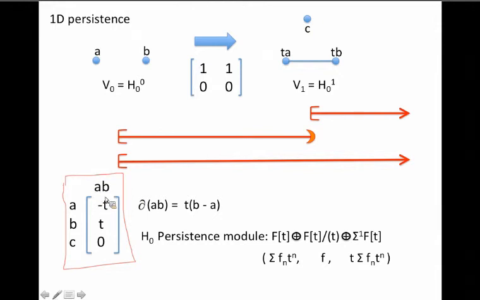And then to denote the time change, we can say that this thing comes in at time 1, so maybe I'll put a superscript 1. These came in at time 0, so that's a 0 there. This thing came in at time 1. And then in terms of the boundary, we just put the coefficient of 1 minus 0 is t to the 1, 1 minus 0 is t to the 1, and 0.